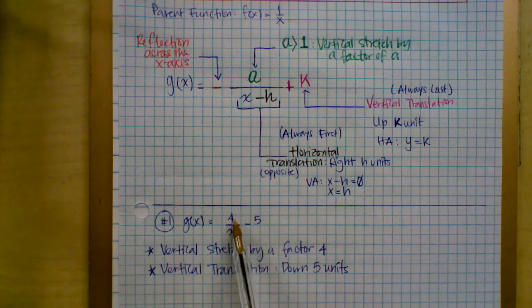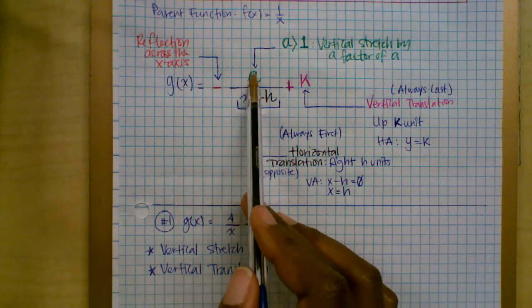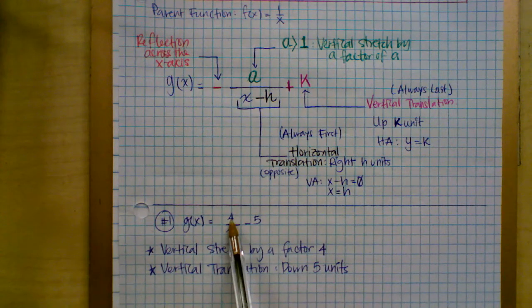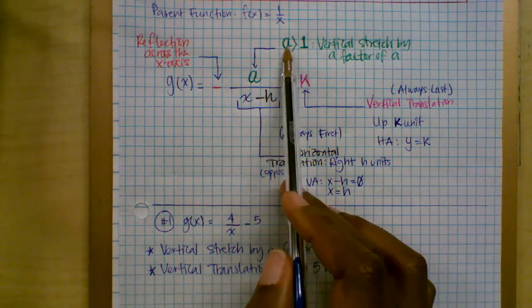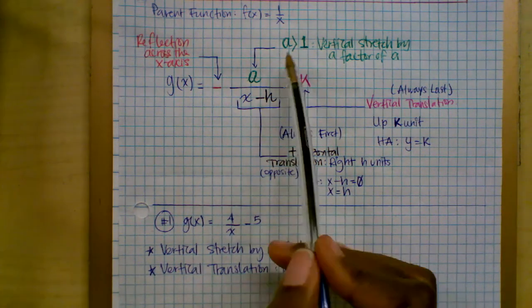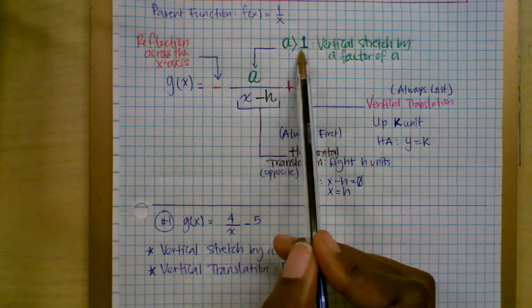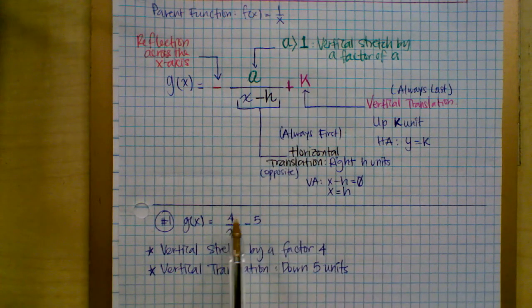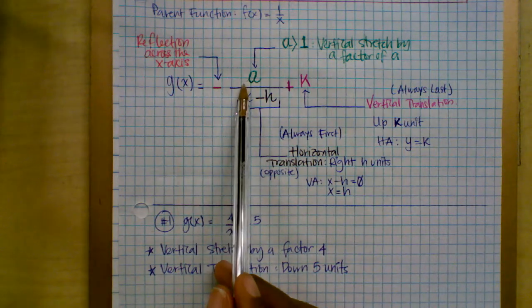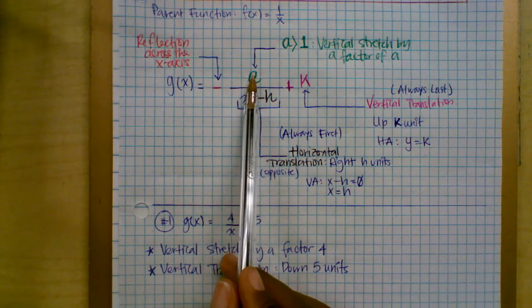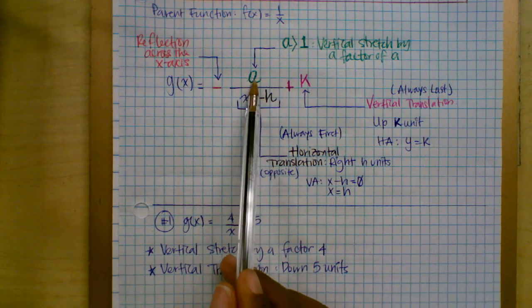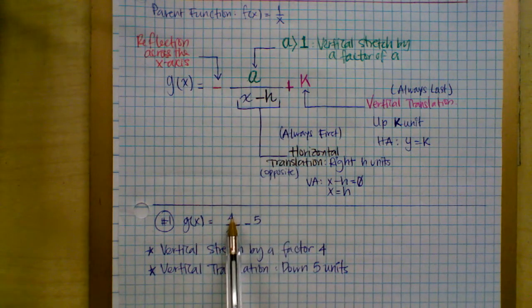So the only transformation you have here is, because you see the number on top is not 1 anymore. So if A is greater than 1, not including 1, there's no line under the inequality, so A cannot be equal to 1. If you have a 1 here, you don't have a vertical stretch. We only have a vertical stretch if we have a number greater than 1, like a 4 here.